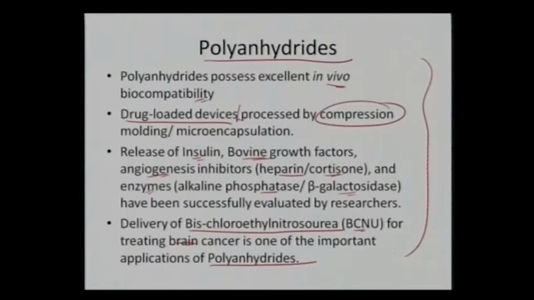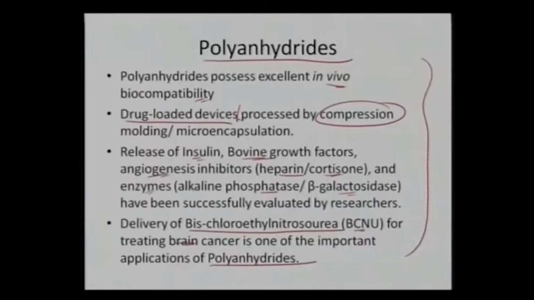Researchers have seen that polyanhydrides have very exceptional in vivo biocompatibility, and the advantage is that they can be easily processed by either compression molding or microencapsulation, so that they can be easily utilized in delivering insulin, certain enzymes, or angiogenesis inhibitors, or they can treat brain cancer by release of this BCNU chemical.